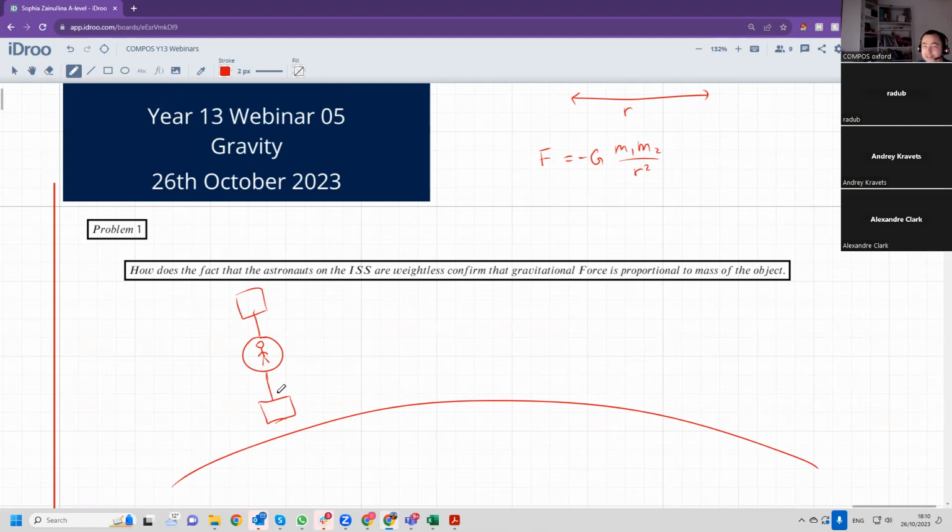Are they weightless? First question. Do they have no weight force? No. Can somebody elaborate?